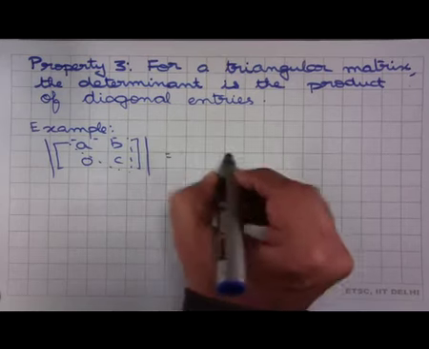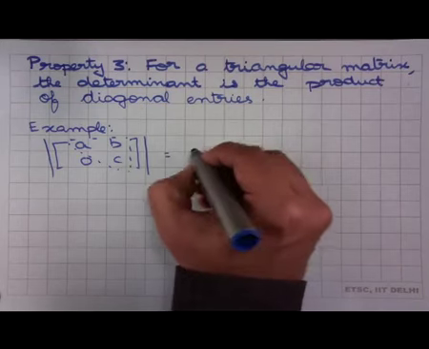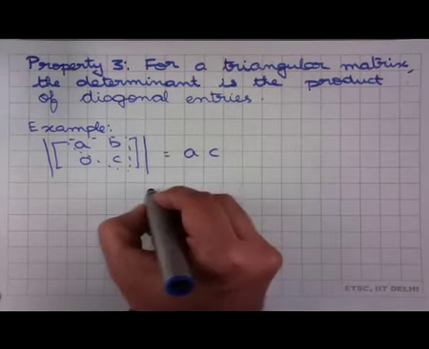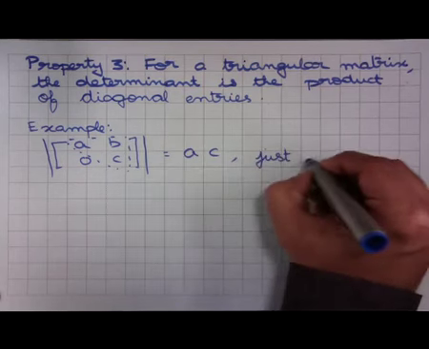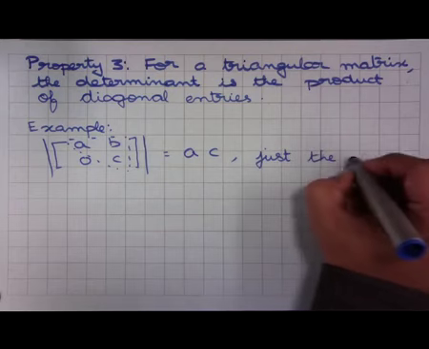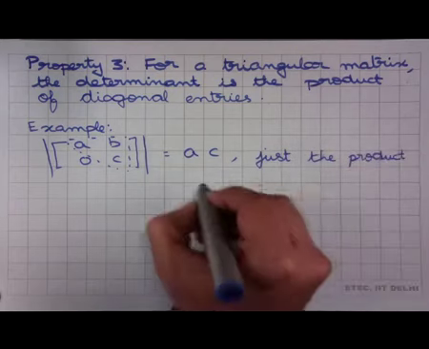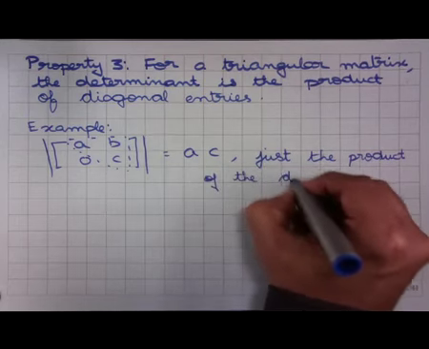The determinant of this is nothing but A times C, which is just the product of the diagonal entries.